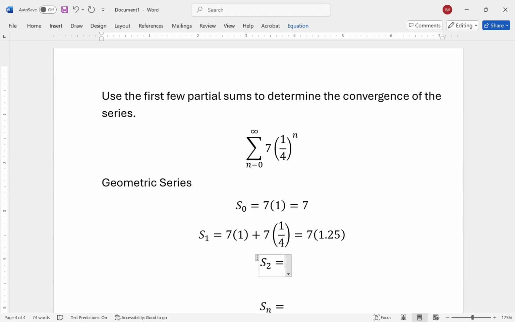S sub 2 will be 7 times 1 plus 7 times a fourth plus 7 times, well, when I plug in a 2, I get 1/16.